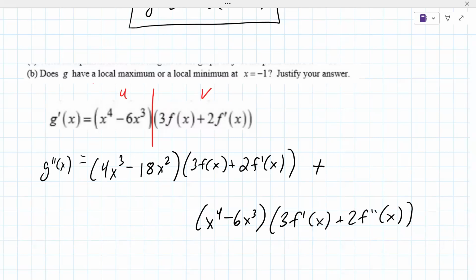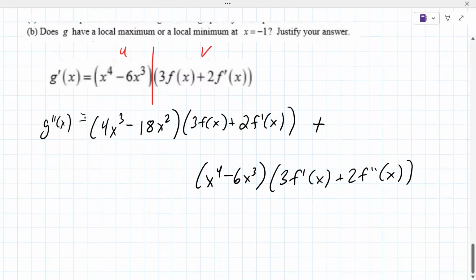All right, now we want to evaluate it at -1. We need to do g double prime of -1. The only challenging spots might be, do you know f of -1? Yes, f of -1 is given as 2. f prime of -1 is -3.